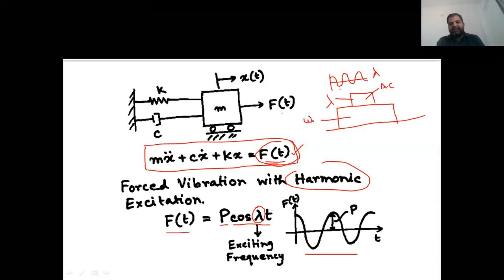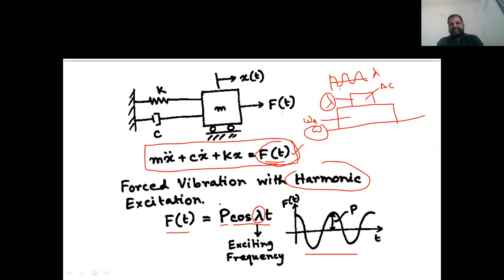So it may be omega d, or omega, in which this foundation has been moving. Generally, it is the natural frequency in which the foundation rotates. This is not the exciting or operating frequency from an external machine or any other vibrating tool. So I hope it is clear.